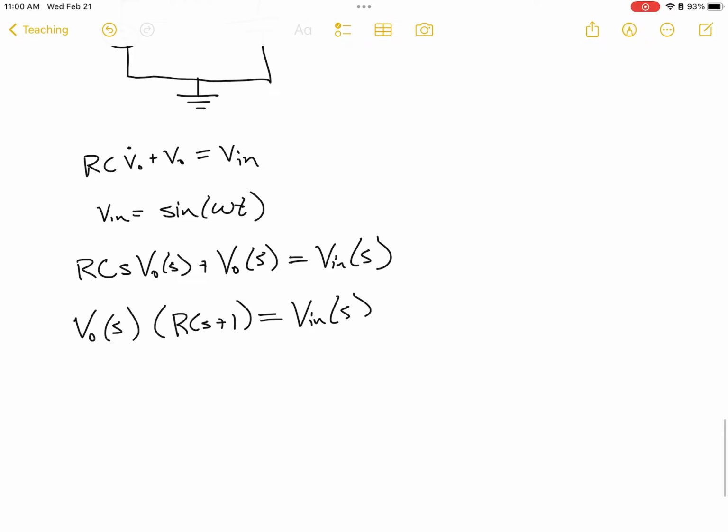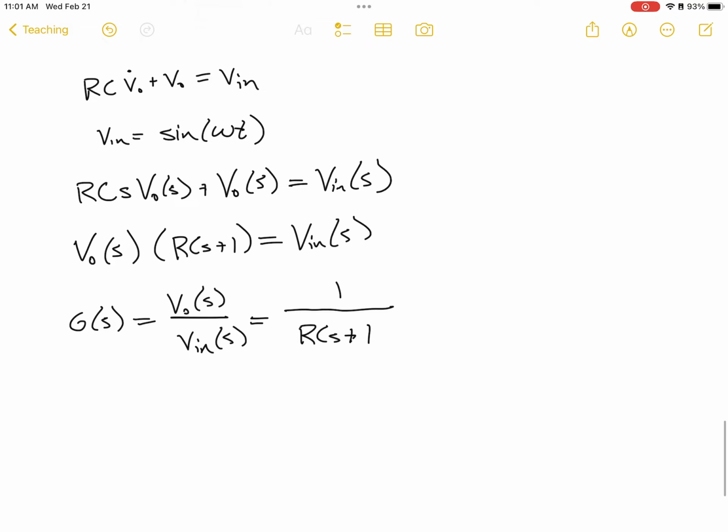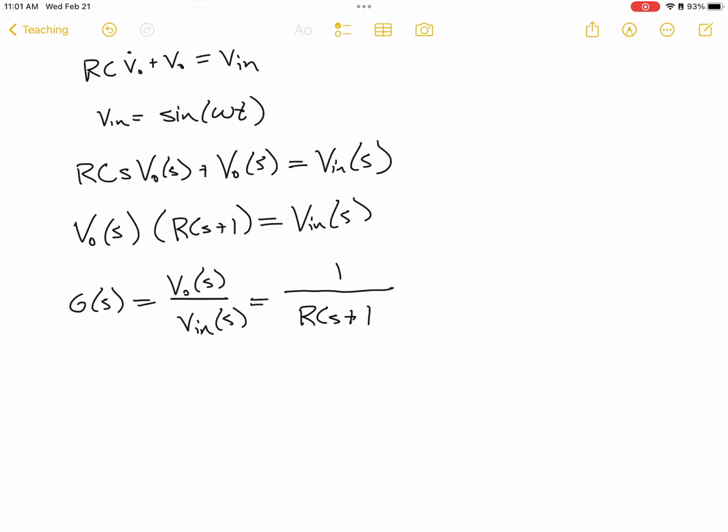And now our transfer function, G of S, is going to equal V out of S over V in of S, and that's going to equal 1 over RCS plus 1. So if we're looking at this, first of all, we're going to have one pole, so we'll find the value of S that makes the denominator equal to 0.